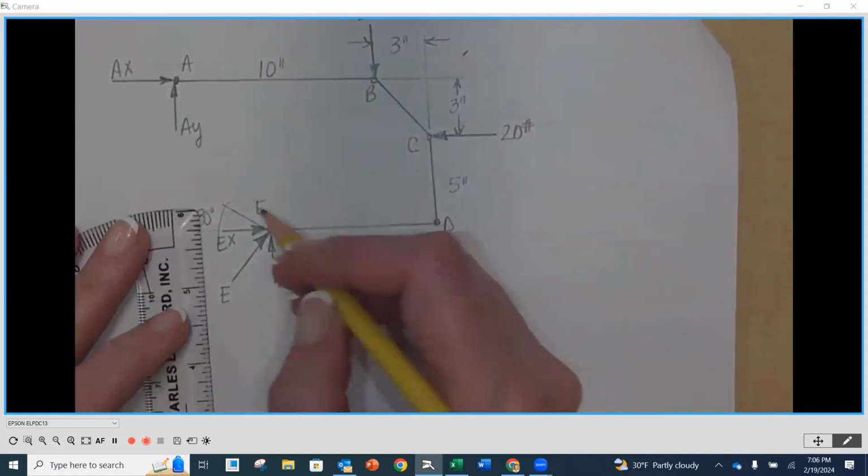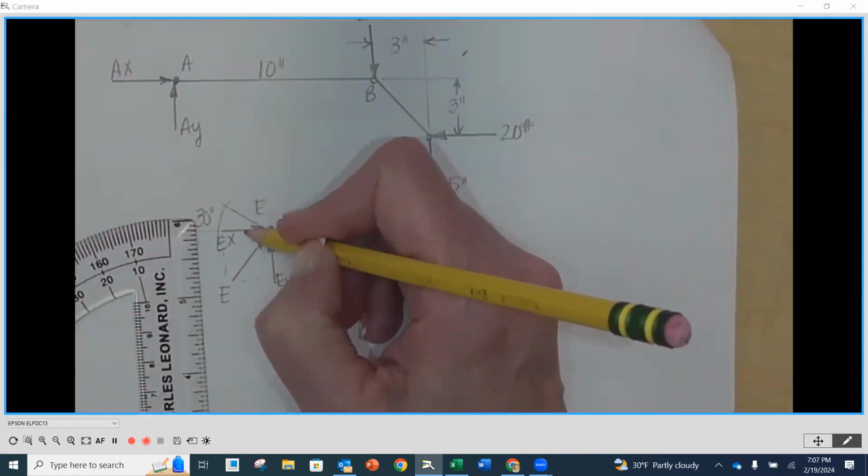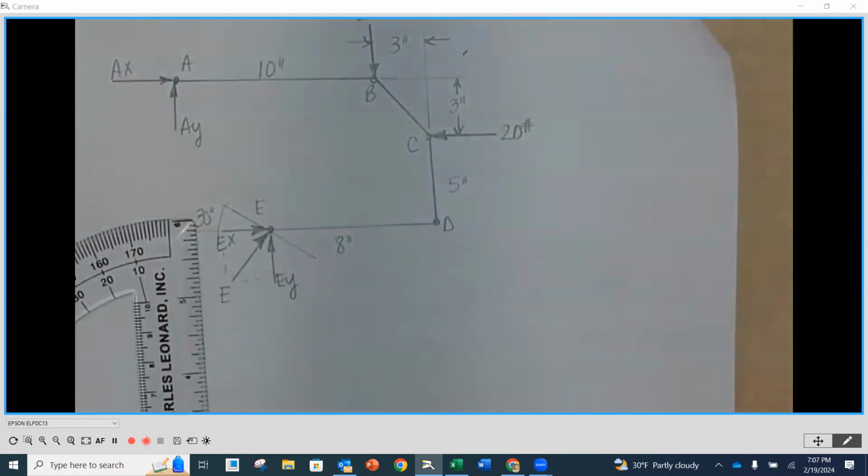Now, angles, right? Angles. Where's my 30 degrees in here? Is it here or is it here? You see it? Take a guess.